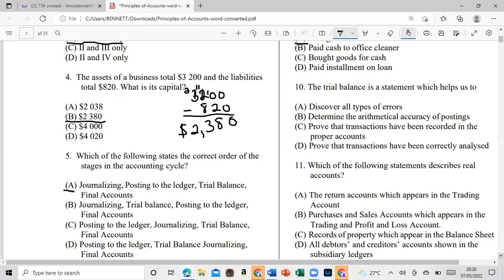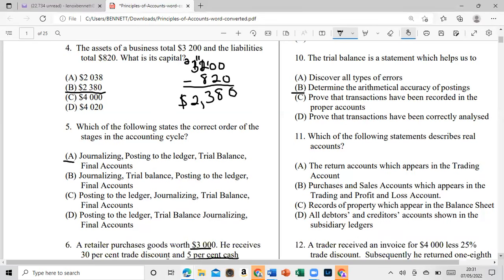Now, these have nothing to do with analyze, so we're going to take out the option that transactions have been recorded in the proper account. No, it does not say that, because it can have omission errors and it's still balanced. That's not its purpose. So it's definitely B. That's the purpose of the trial balance.